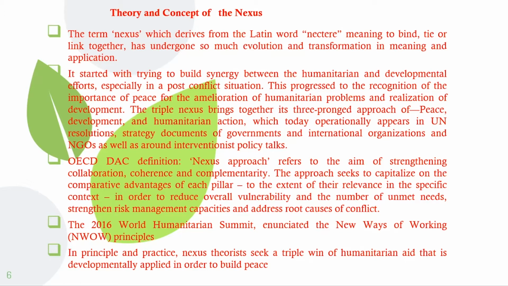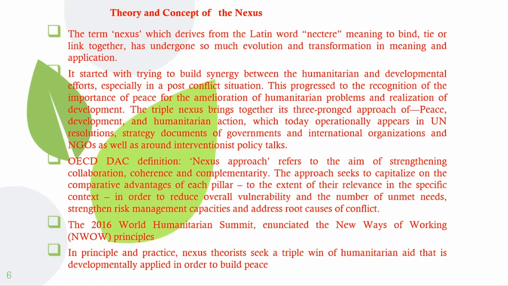OECD DAC definition, nexus approach refers to the aim of strengthening collaboration, coherence, and complementarity. The approach seeks to capitalize on the comparative advantages of each pillar to the extent of their relevance in this specific context, in order to reduce overall vulnerability and the number of unmet needs, strengthen risk management capacities, and address root causes of conflict.